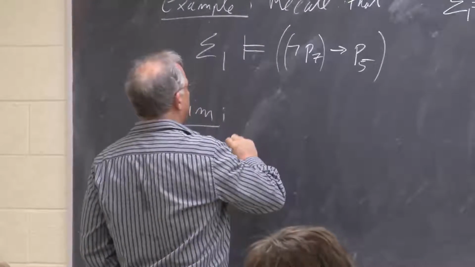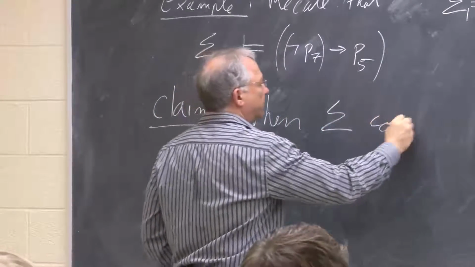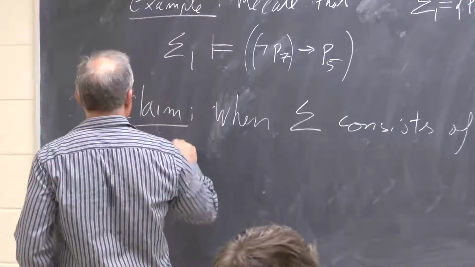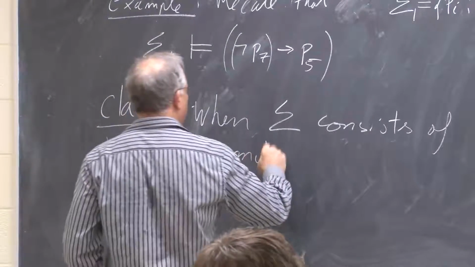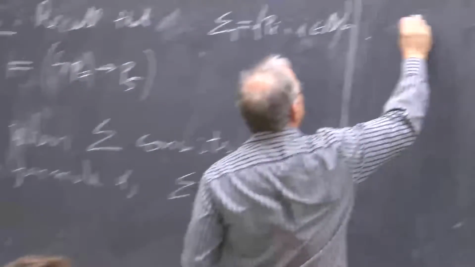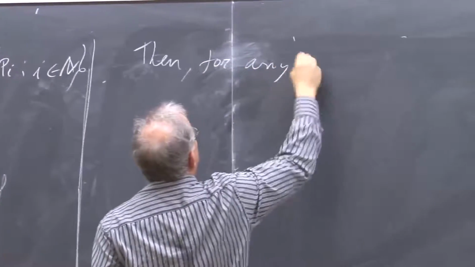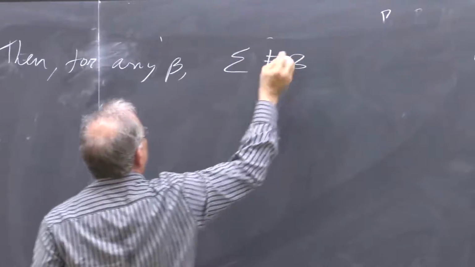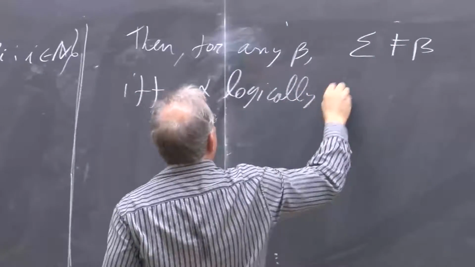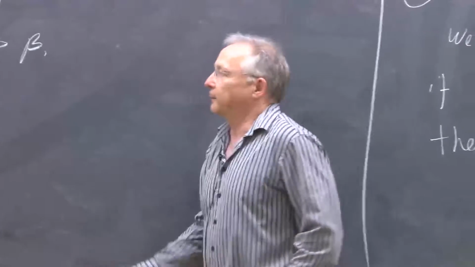When sigma consists of just one formula alpha, so say sigma is alpha, then for any beta, sigma logically implies beta if and only if alpha logically implies beta, which is basically the same definition.